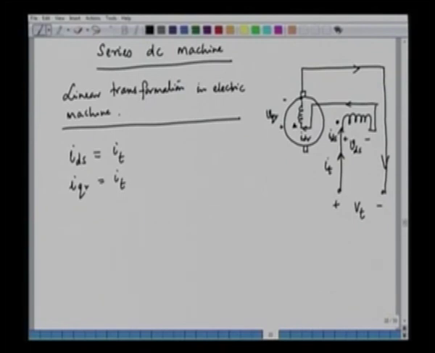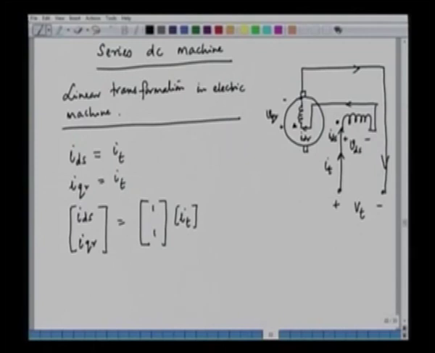Okay. So we can write this in a matrix form. IDS and IQR is a matrix that is equal to another matrix, a column matrix, 1 1, into IT. IT is just a single variable, all right.